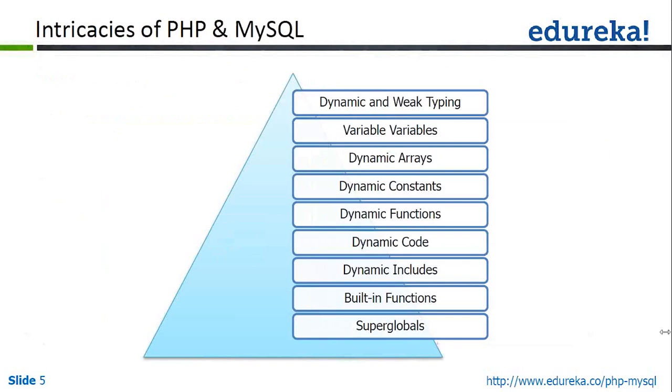So as I said, weak typing means the variable declaration is not required. One more new thing introduced in PHP is variable variables. You must have heard this word for the first time, but variable variables are like the changing form of the variable.